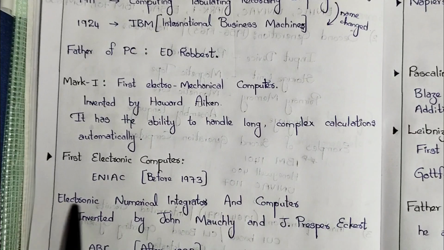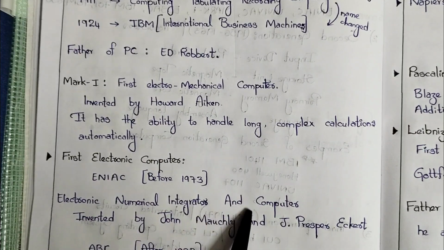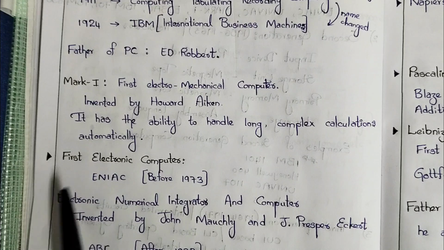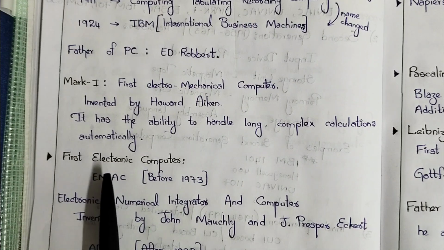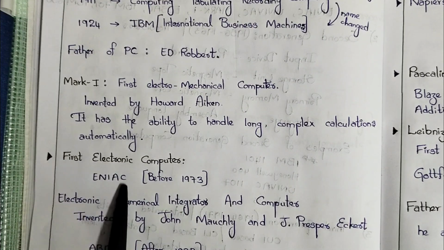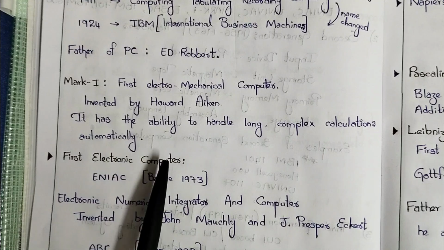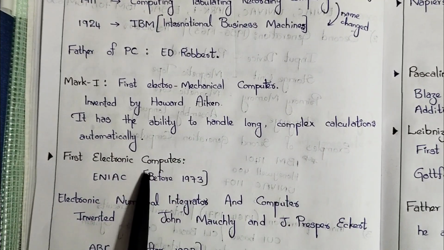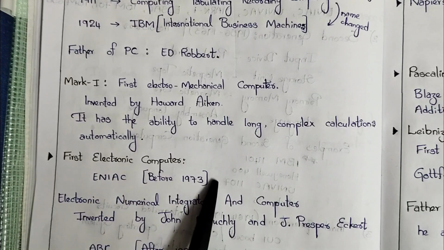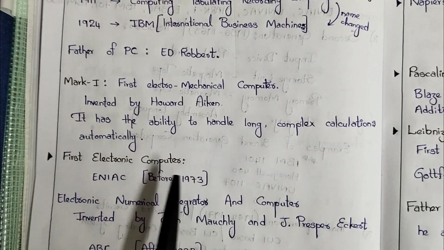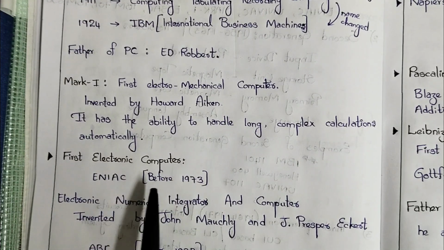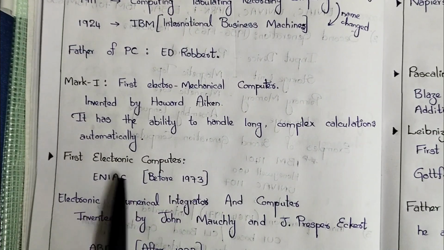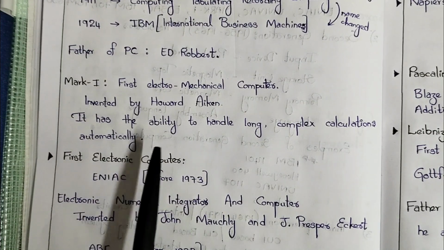ENIAC stands for Electronic Numerical Integrator and Computer. The full forms are important, and this ENIAC was considered the first electronic computer before the year 1973. This year is not when it was invented, but before 1973 we used to treat ENIAC as the first electronic computer.